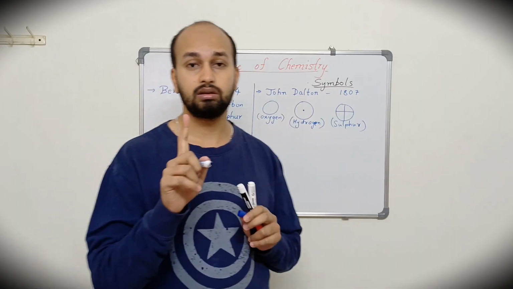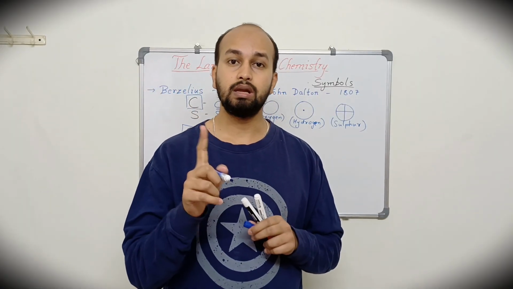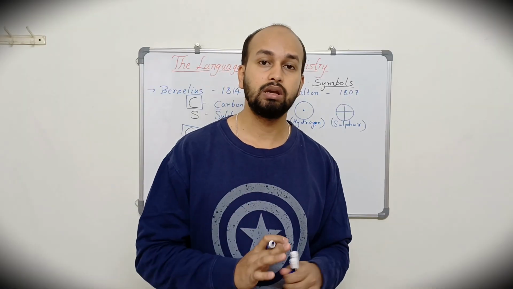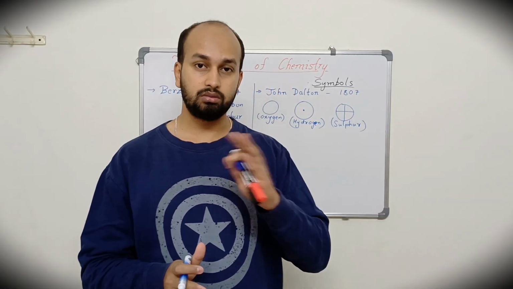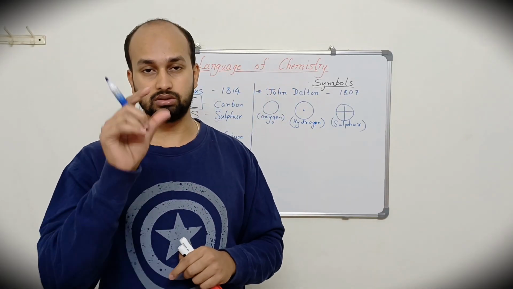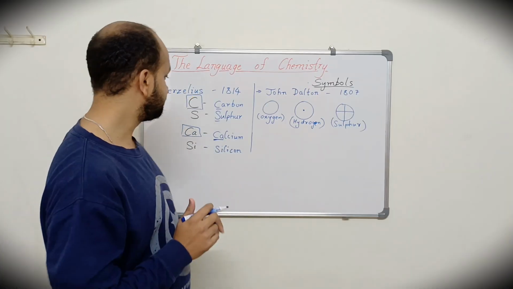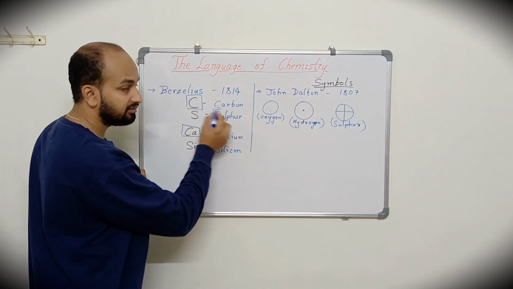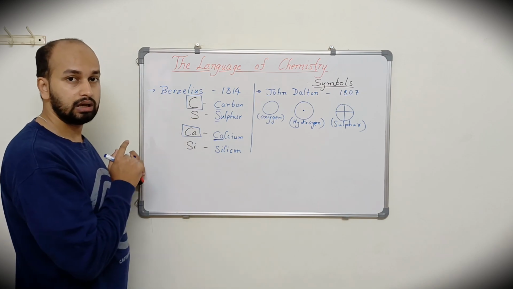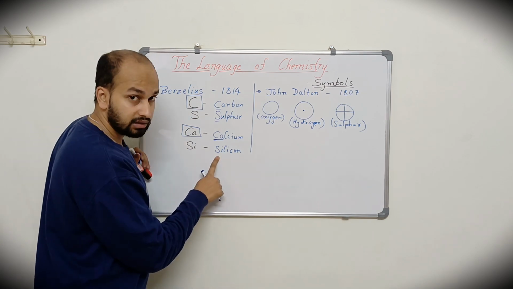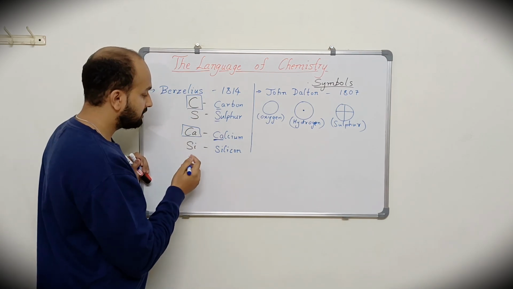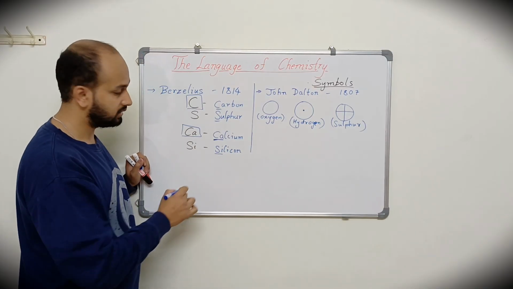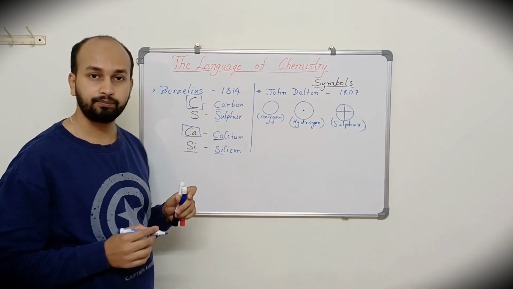Remember this always: the first letter is always going to be capital or uppercase, whereas the other letters are going to be small letters. Another example is sulfur, whose symbol is S, right? Likewise, we have another element which starts with S. So instead of taking only S, we have taken the first two letters, which is Si.